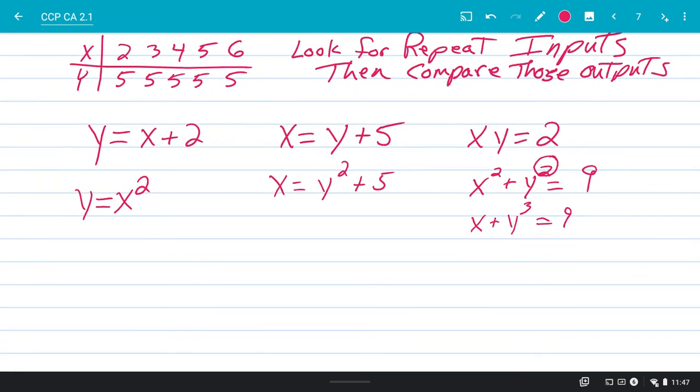Next, the easiest way to determine whether something is a function or not is to look at its graph, as we just did. And with today's technology, we can see the graphs easily.